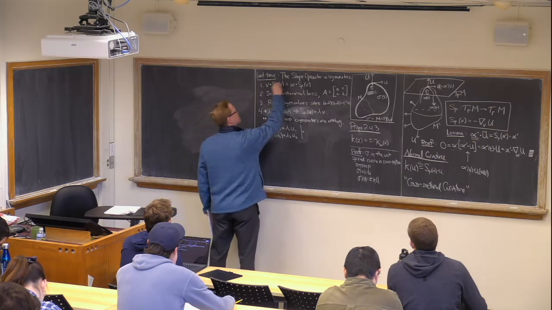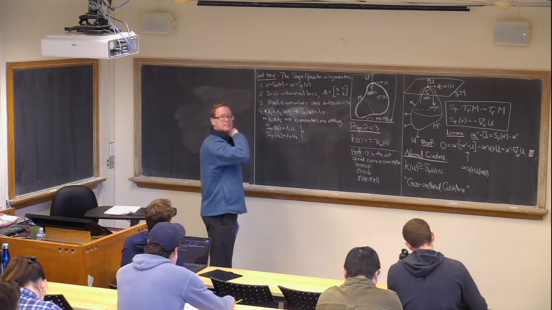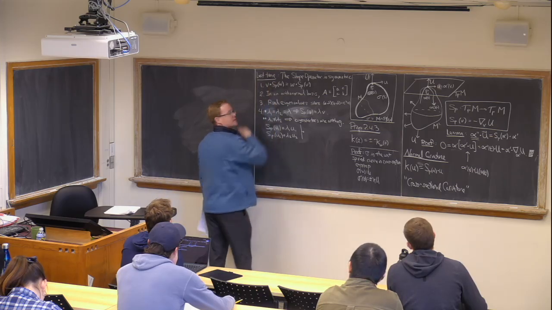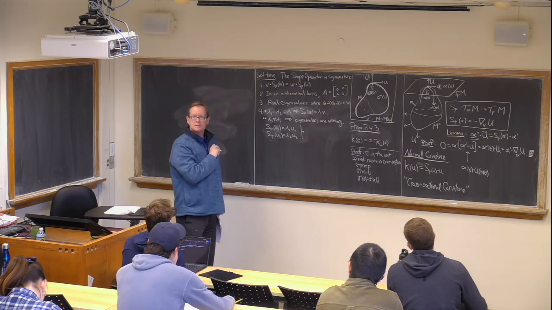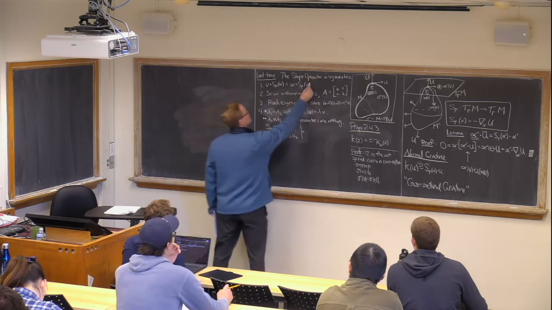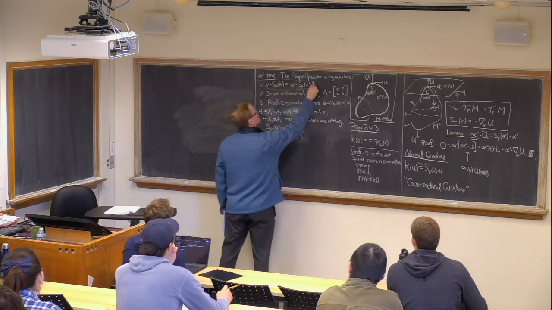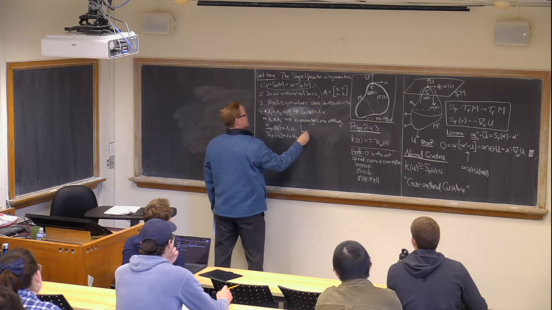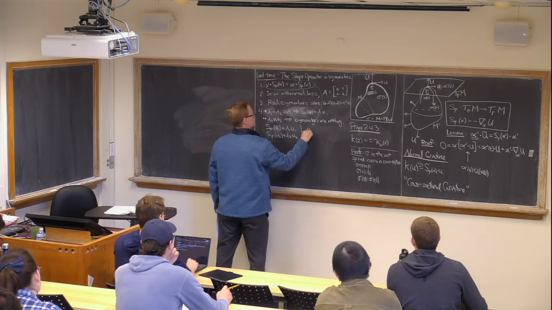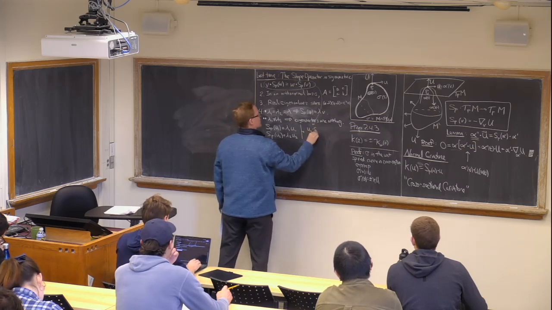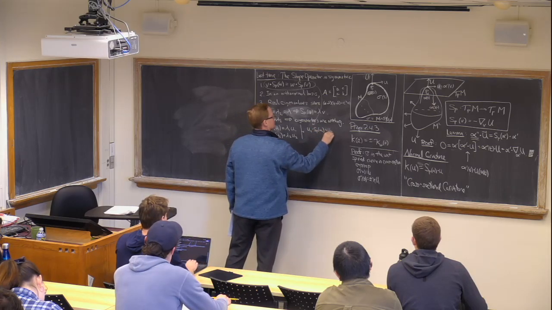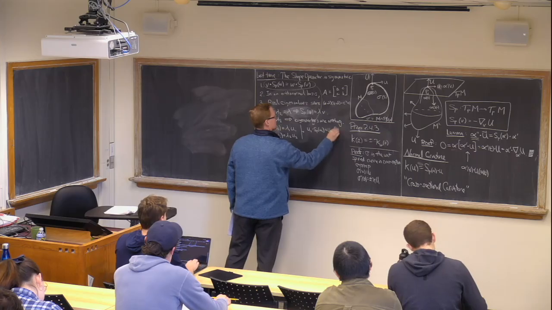I look at this quantity right here, and plug in U1 and U2. Then what you get is U1 dot product shape operator of U2 is equal to U2 dot product shape operator of U1.